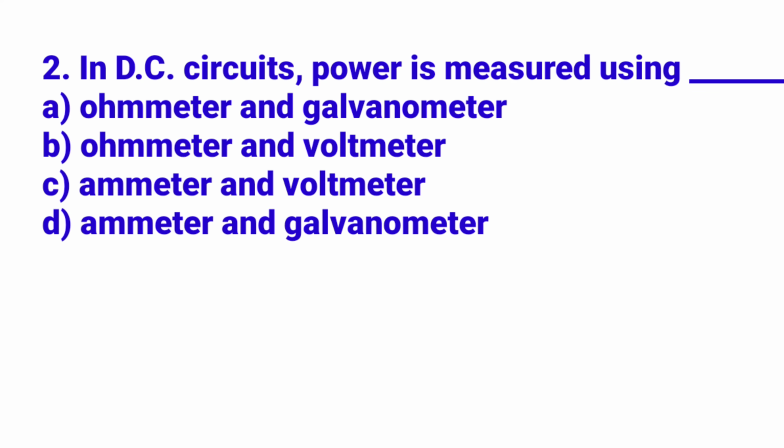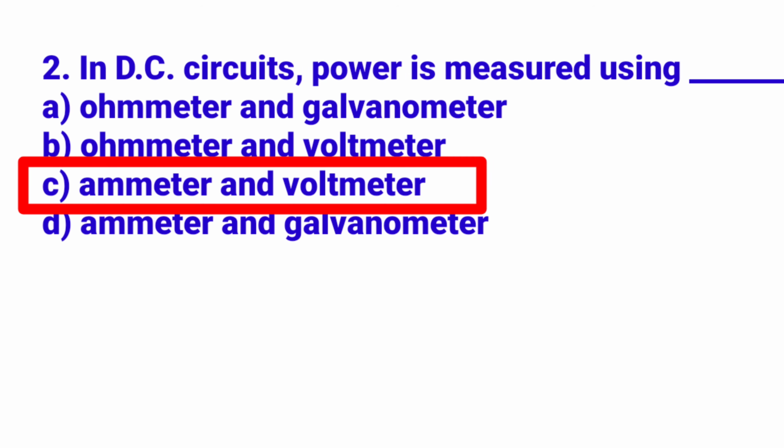Here, the ohmmeter is used to measure resistance, the galvanometer is used to measure current. An ammeter measures the current flowing through a circuit, while a voltmeter measures the voltage across the circuit. Hence, for any DC circuit, an ammeter and voltmeter are used to measure the power. Hence, C is the correct answer.